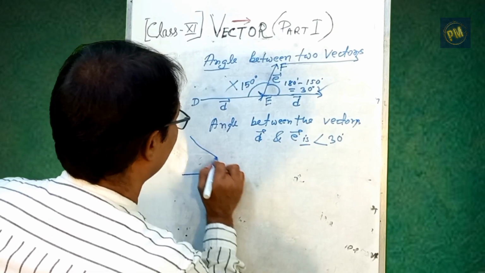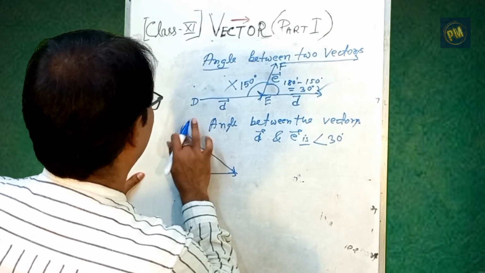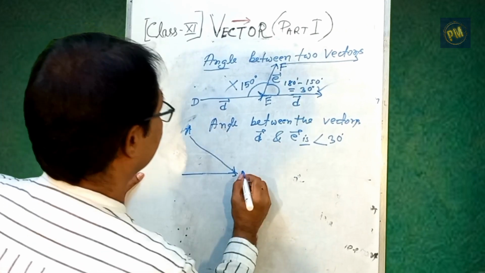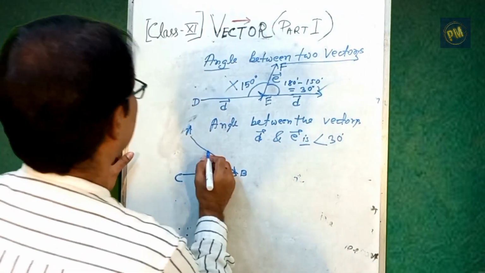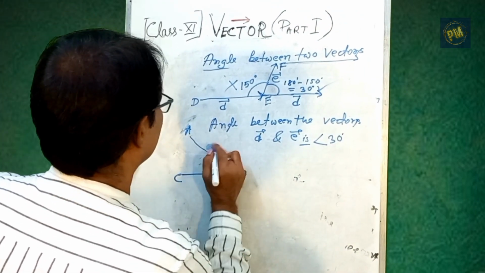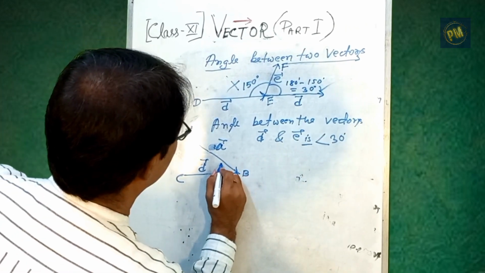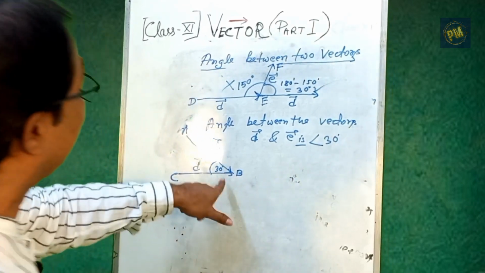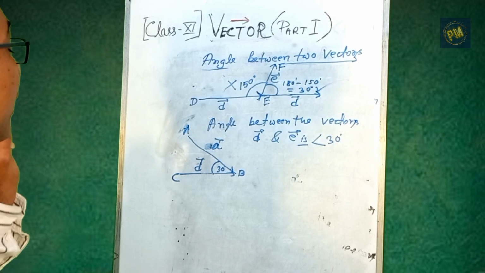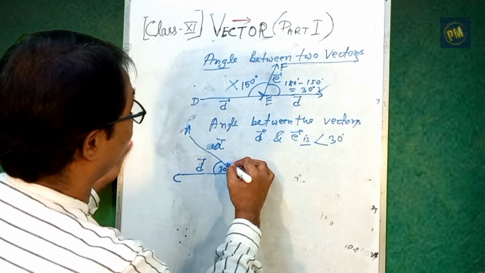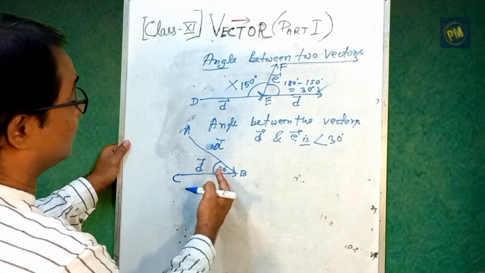Again take another vector A and B, and this is C. So two vectors, suppose A and D, the angle here is 30 degree. They meet at head to head. So you can say the angle is 30 degree. Why? Because here there are two angles. The angle between the vectors meeting at the point B is 30 degree.